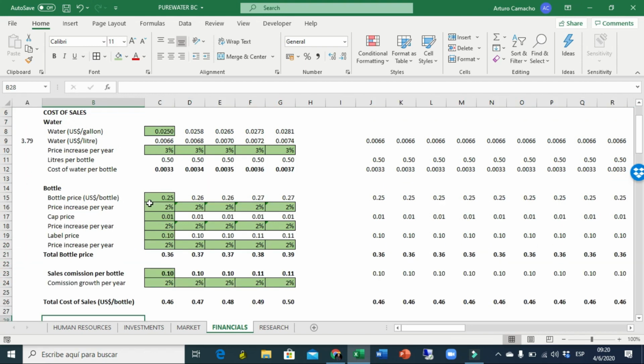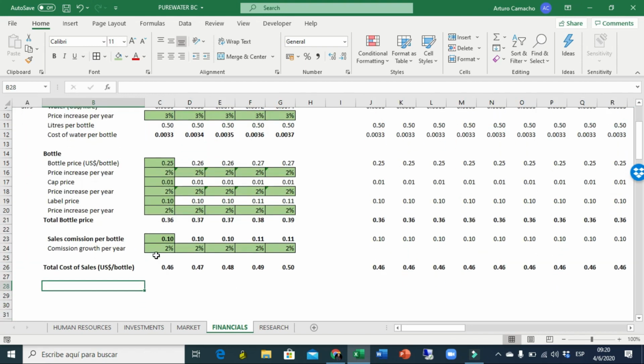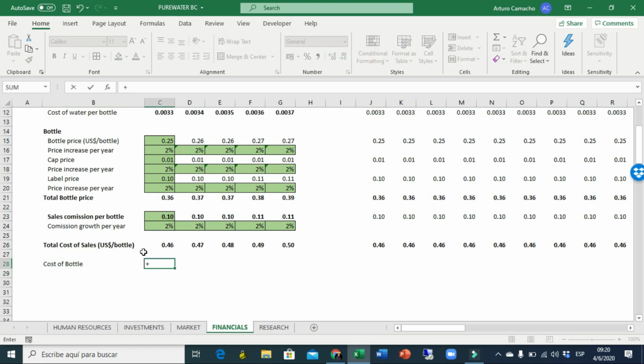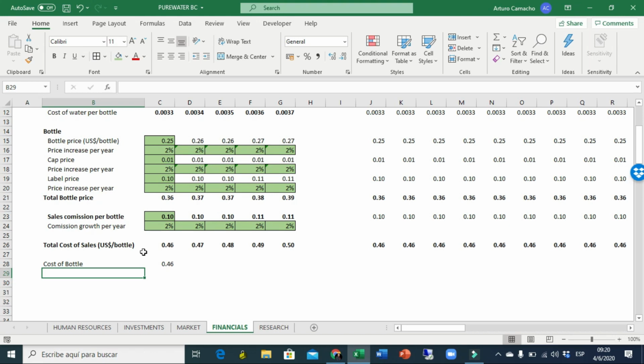We can also make some sort of a graph stating what percentage, for example, the cost of the bottle is, which depends on the water, the bottle itself.